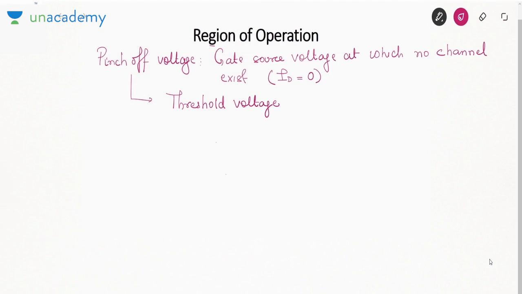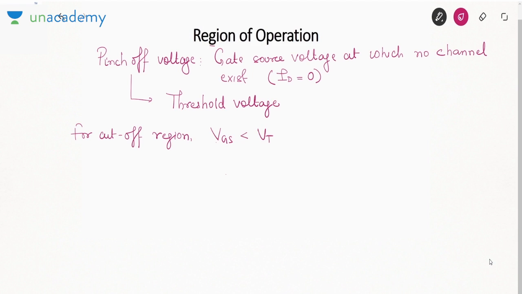Now when we talk about threshold voltage, it is also the pinch off voltage, or the voltage at which no channel will exist, or the drain current will become zero. So for the cutoff region, VGS is less than VT.